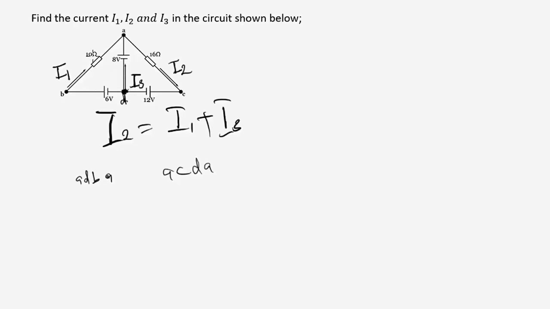Another thing is, all the resistance flowing in the direction you've chosen should be either negative or positive. If you're using negative, all the currents you use should be negative, and if you're using positive, all the currents you use should be positive.